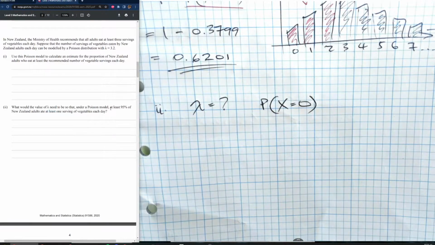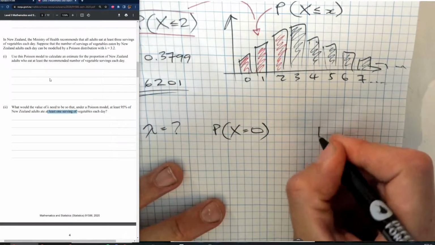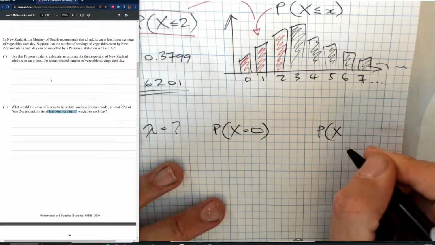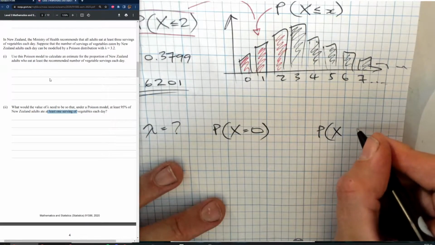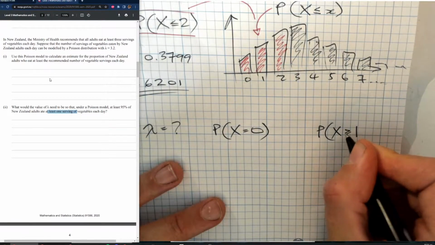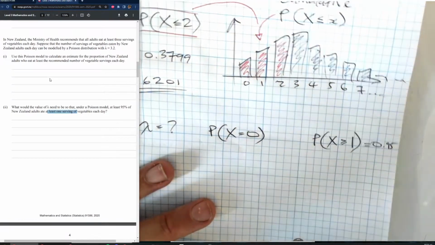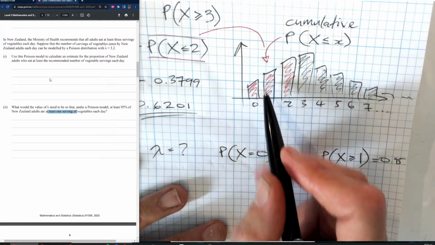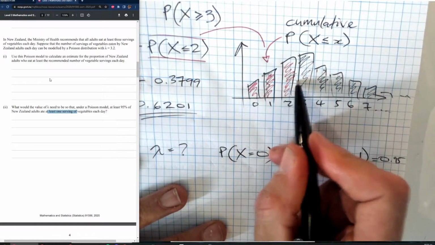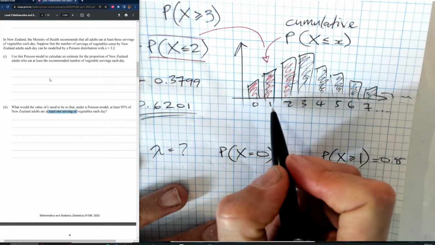So if at least 95% of New Zealand adults ate at least one serving, that means we know that P(X at least 1) equals 0.95. So 1 is the least, so they're going to eat that one instead, but it includes 1. So on our picture it would be 1, 2, 3, 4, 5, 6, 7, 8 is 0.95.